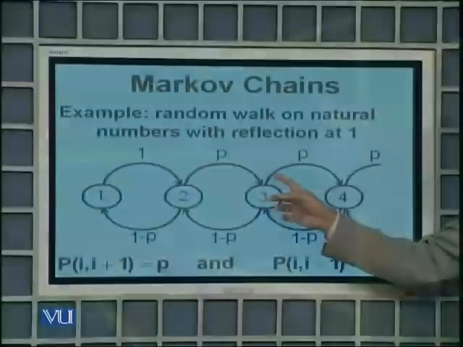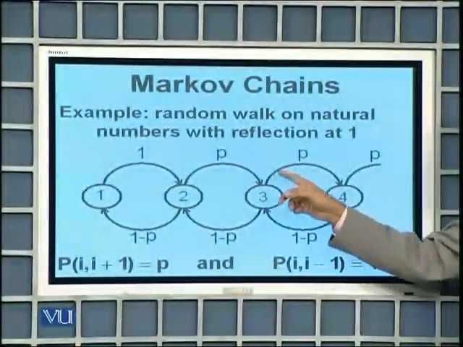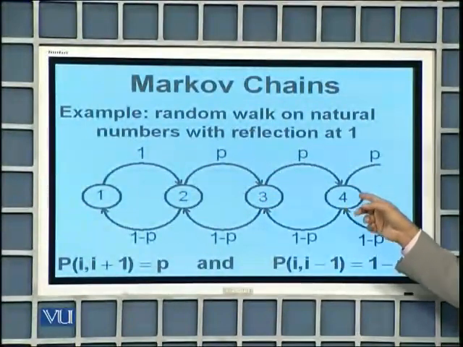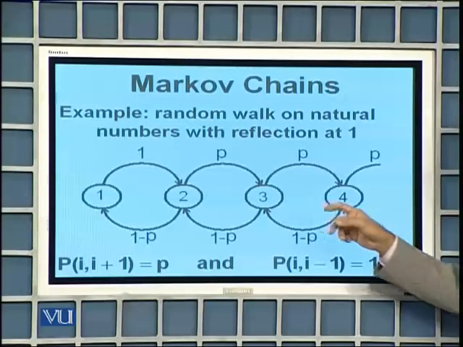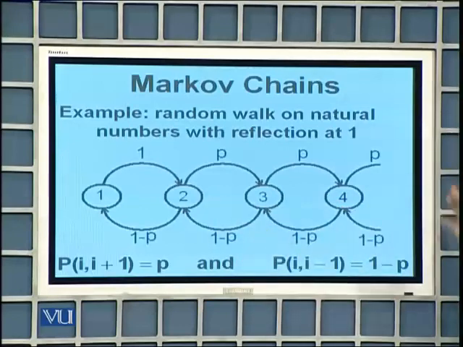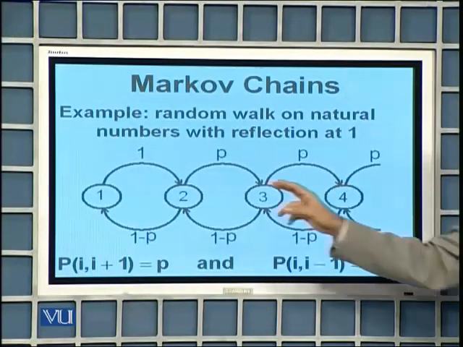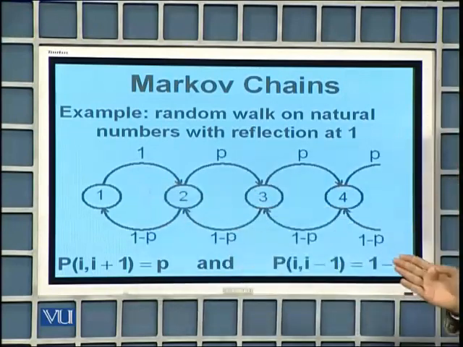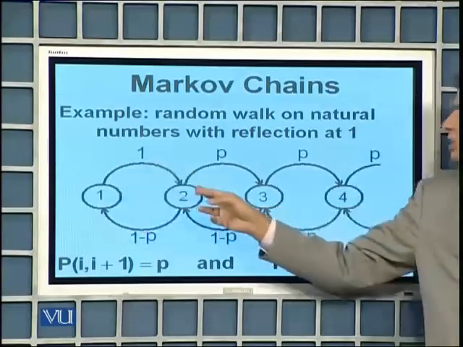In general, if you are in a state, then you move towards the state on the right side with probability p, and you move towards the left with probability 1 minus p. This applies to all states but state 1, which is the end state, and it has a perfect deflection.